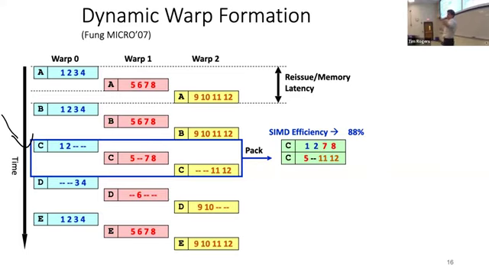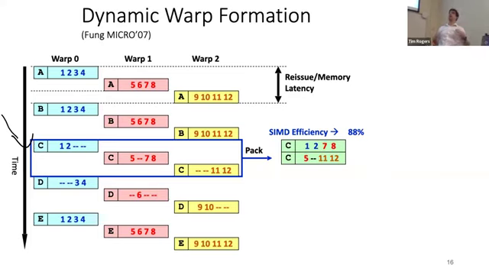Chances are, if 2 threads go down the if path in warp 0, probably 2 threads went down the if path in warp 2 or warp 3 or somewhere else. So could I take the work in those other warps that was going down the same path as the C instruction here, for example, and group them together and form new warps?